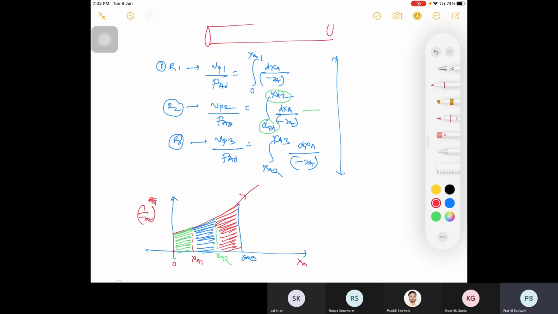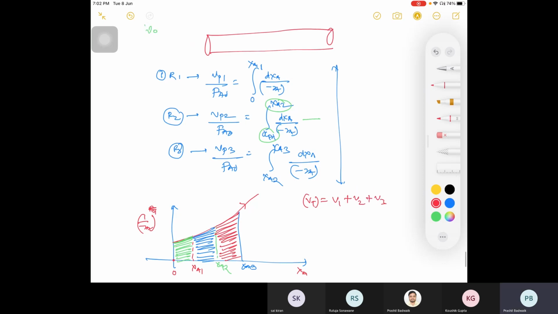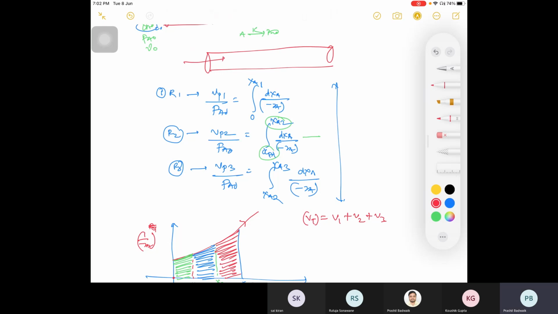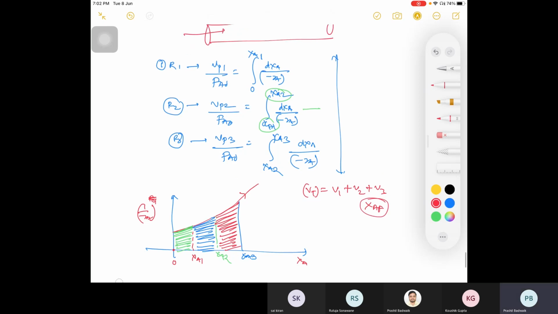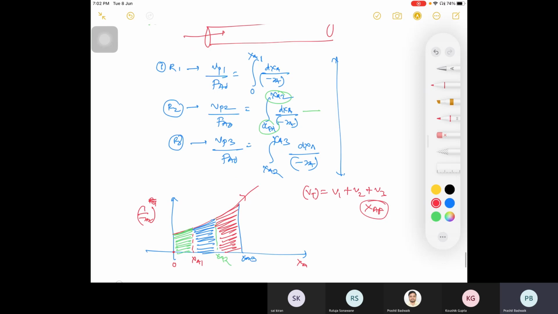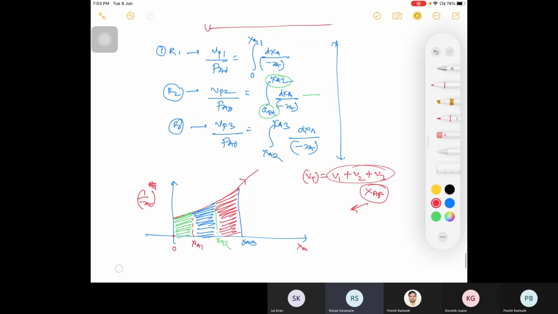Now instead of this, if I am using another reactor of total volume Vt equal to V1 plus V2 plus V3, I want the conversion to be, suppose, Xa final in this single reactor. So what is your Xa final here, and what will be your area under the curve? It will be the same. Xa final is equal to Xa3.